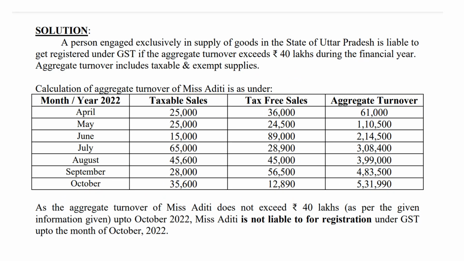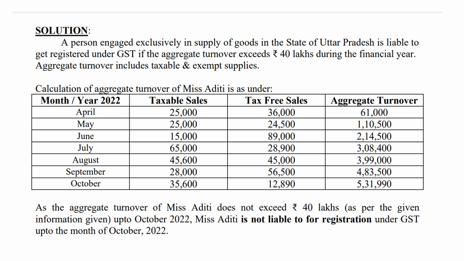So solution: a person engaged exclusively in the supply of goods in the state of Uttar Pradesh is liable to get registered under GST if the aggregate turnover exceeds rupees 40 lakhs during the financial year. Aggregate turnover includes taxable and exempted supply. So we'll do the calculation. Calculation of aggregate turnover of Miss Aditi is as under.